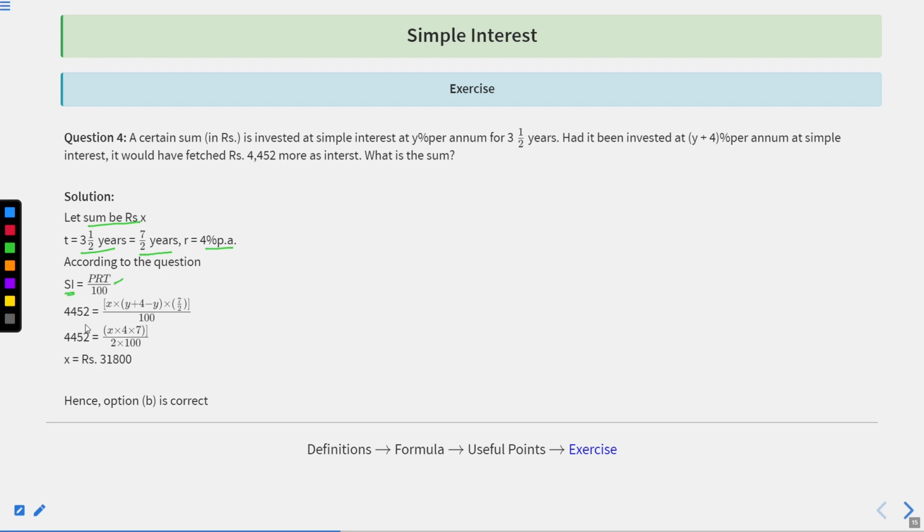Simple interest is given to be 4452 and P is X. Rate of interest is Y plus 4 minus Y, into time 7/2, upon 100. And when you simplify this, you will get X equal to 31,800. So the option correct here is option B.